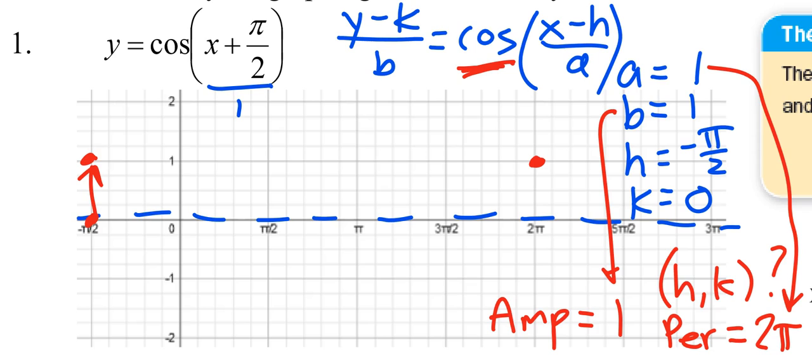If I'm only intending to go 2 pi units to the right, don't I have to stop right about there? See, that distance is 2 pi. But I get kids that think they should go all the way over to where it says 2 pi. They only think that because we did a bunch of problems where the h value was 0 and there was no left and right shift.